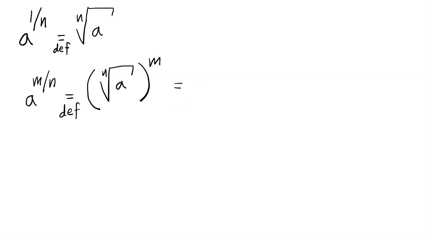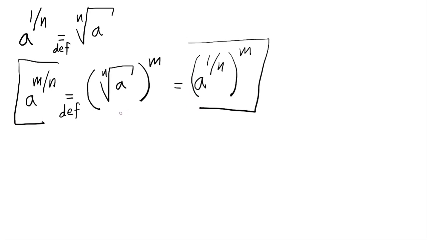Or if you like, you need to define it as a to the power of 1 over n, raised to the power of m. So you need to define it like this or that. So if you want to make all the rules consistent, and if you want to have rational powers, then you need to define it in this way.